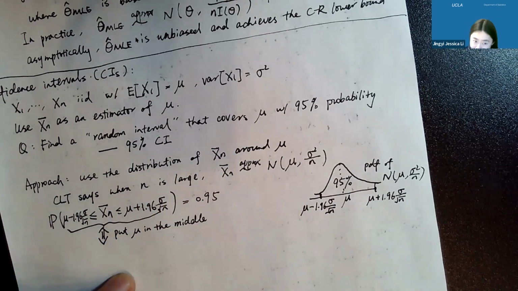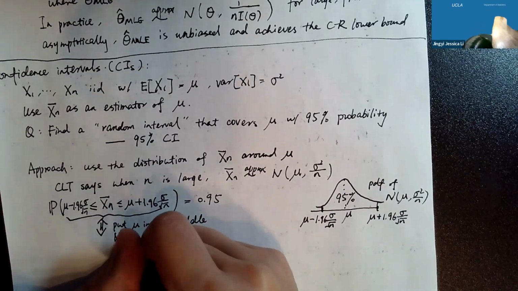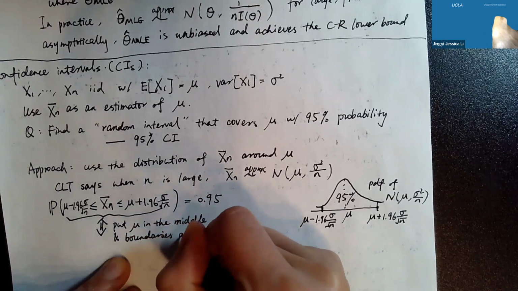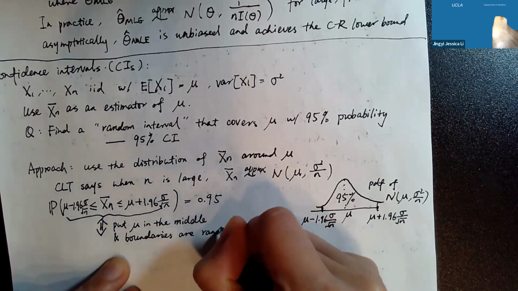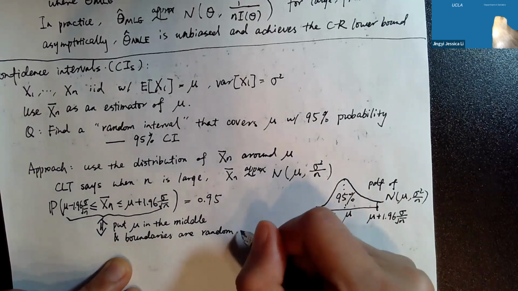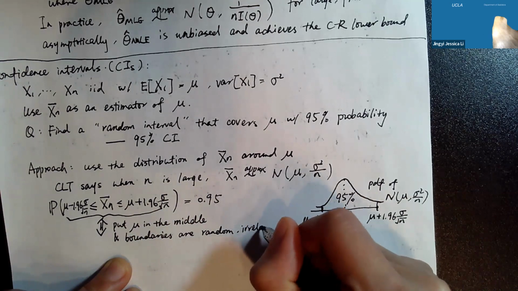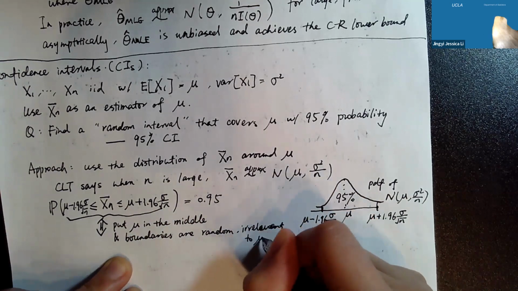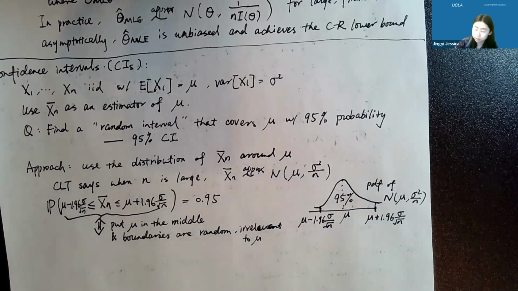The boundaries are random and not involving mu, because mu is what we want to cover. So it cannot be in the boundary, it must be in the middle.